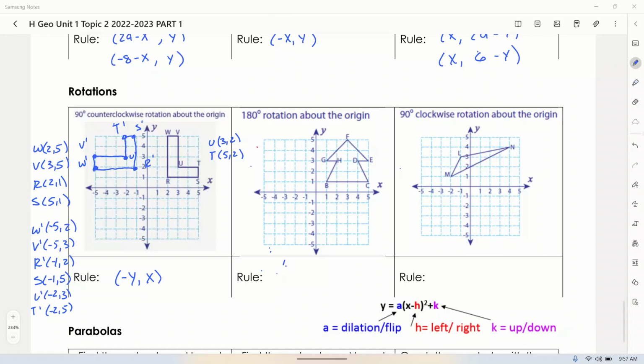Okay. Let's go 180 degrees about the origin. So 180 degrees about the origin is (-x, -y). Okay. 90 degrees clockwise about the origin is going to be (y, -x).